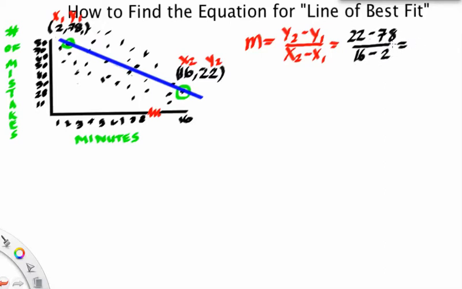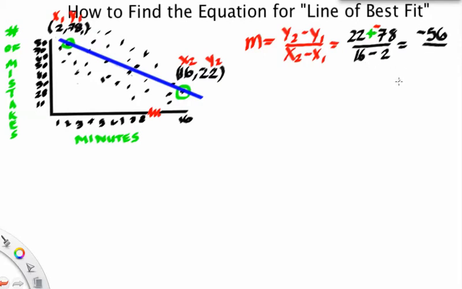Up top, if I really need to, I can change that subtraction sign into an addition sign, but the 78 would then become negative, and then same signs add them up, different signs subtract. Different signs subtract, it would be 78 minus 22, which is 56. And because the larger number is a negative, we're going to keep the sign of the larger number. So we got negative 56 up top.